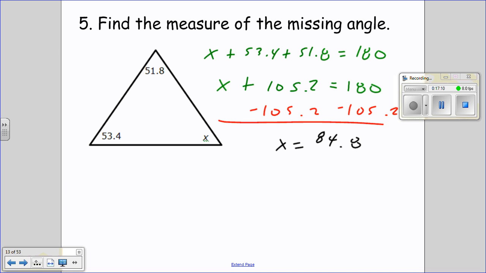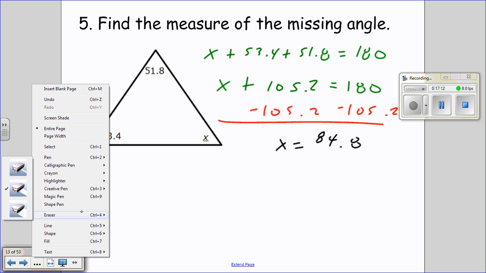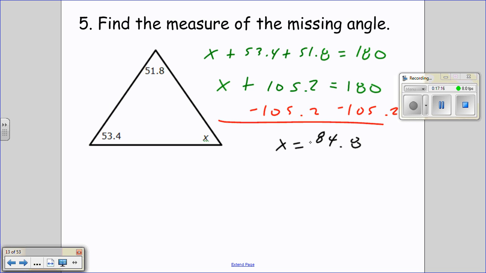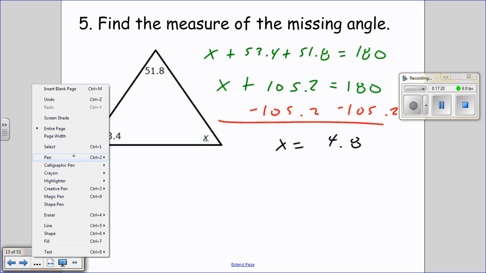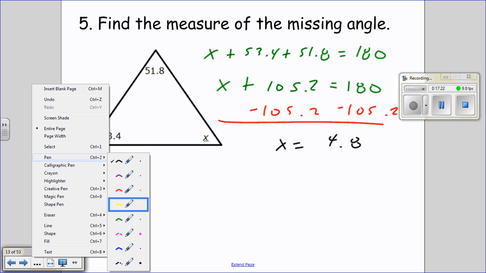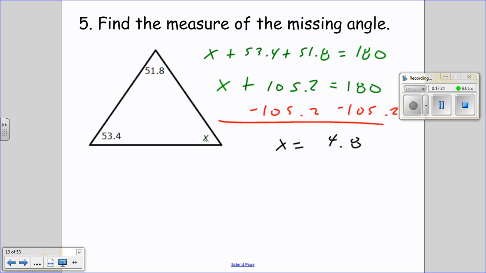Sorry. 74.8. Yes, 74.8 would be the missing angle.